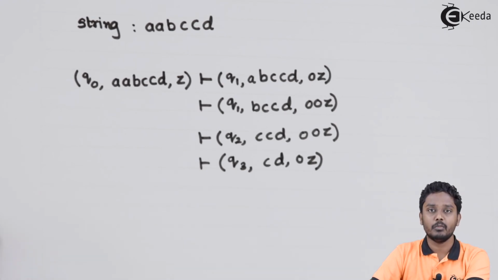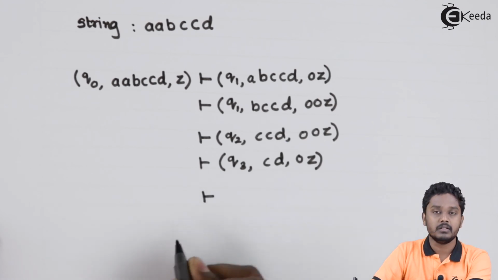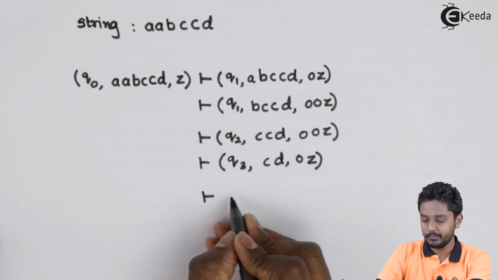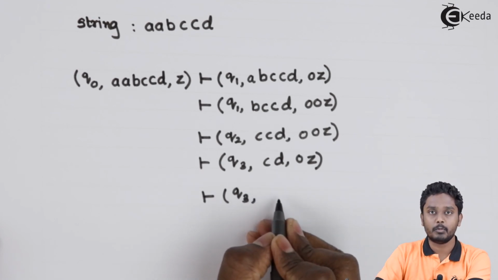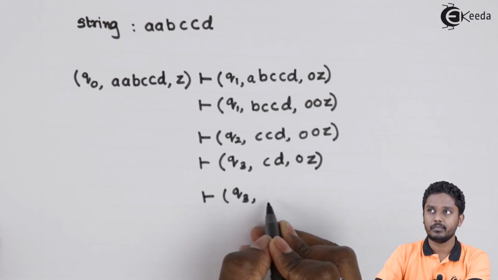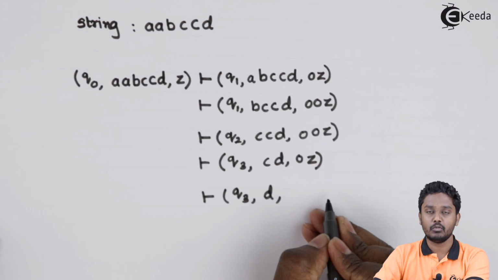Next, we will have one more C. Along with that C, we will pop off one more 0, which is there on the stack. The state would be Q3 only. The string left out would be D, and the stack will contain only Z because of popping off the 0.